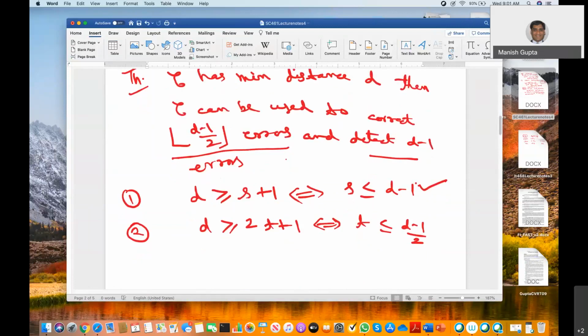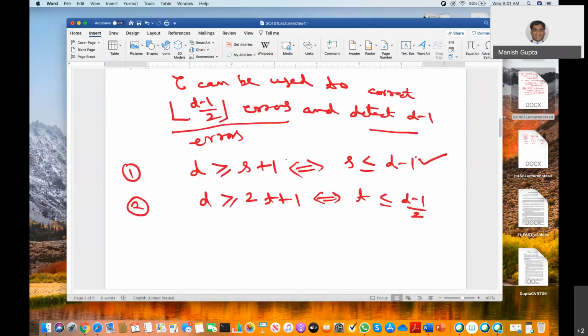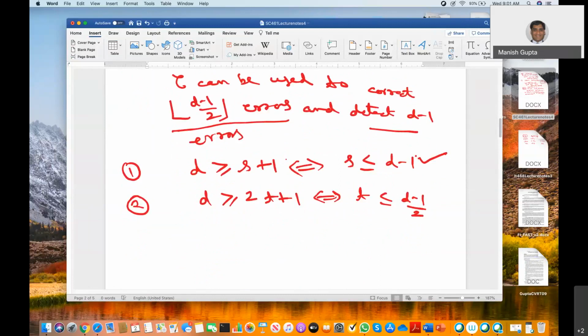Now I will show you something really interesting. I will show you how to form a sphere.